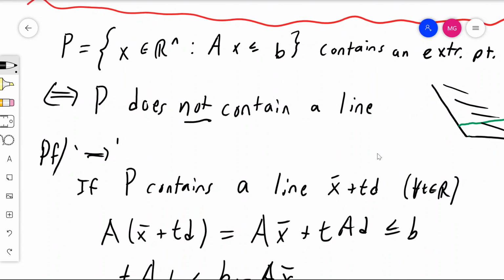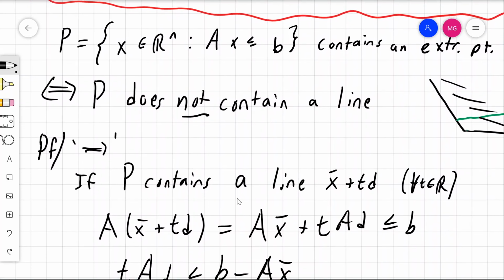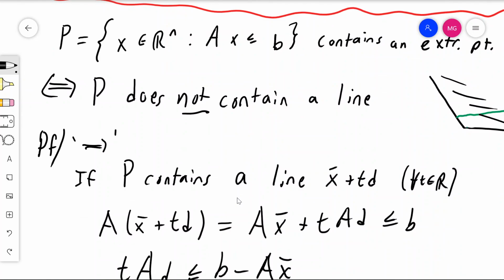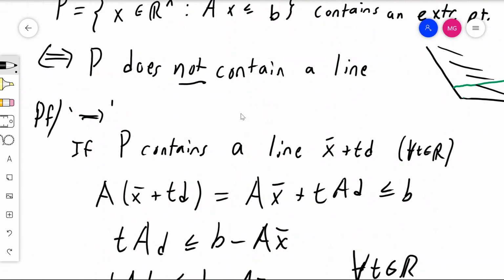But we can prove it as well. Let's take a look at a proof of how that would work. We're trying to prove that if our polyhedron contains an extreme point, then it does not contain a line, and vice versa. First, let's assume that the polyhedron does contain a line, and let's show that it does not contain an extreme point.